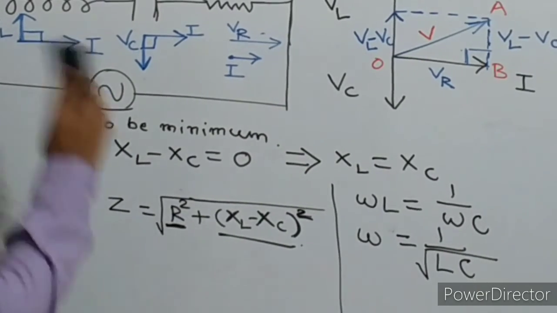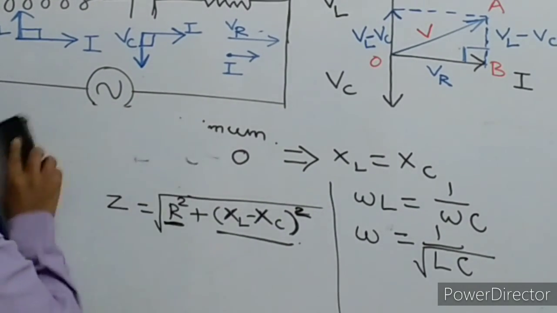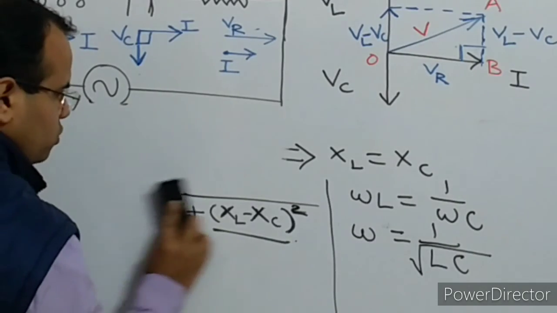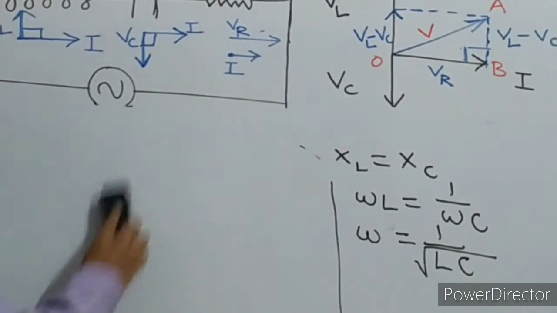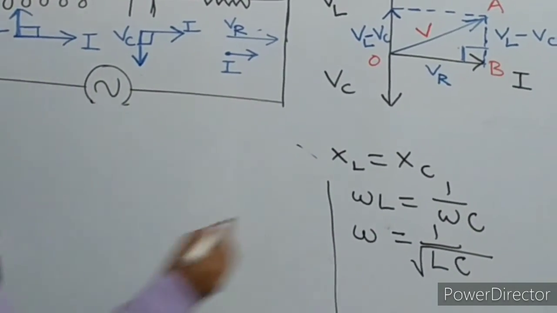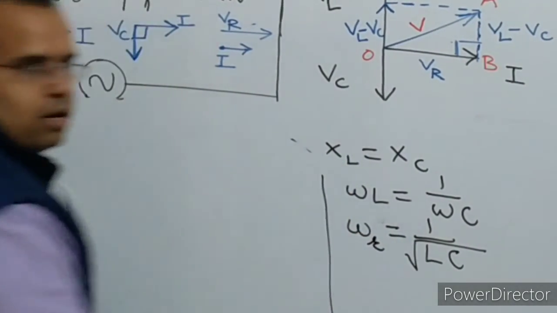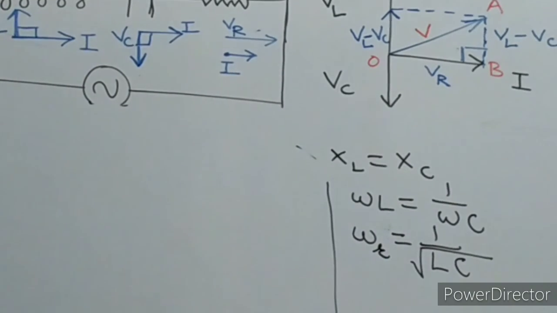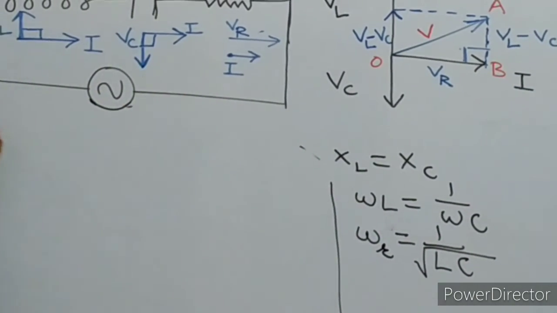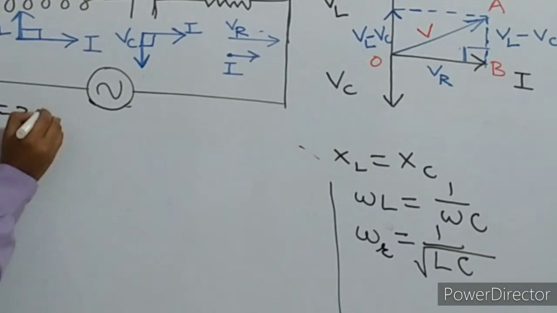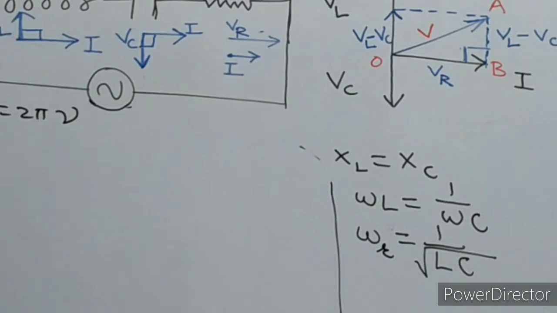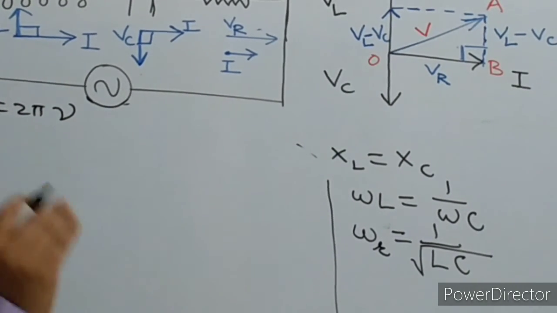Now you see that if XL is equal to XC, then it is coming omega is 1 upon root LC, which can be written as omega R. And omega, we know, is equal to 2 pi nu, that is 2 pi by capital T, where 1 upon capital T is nu.